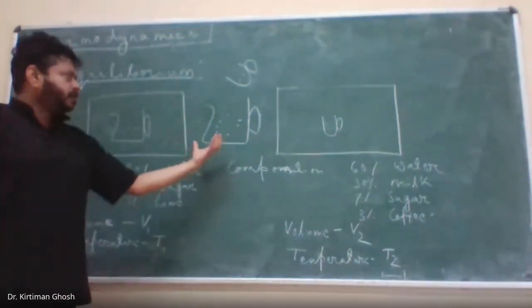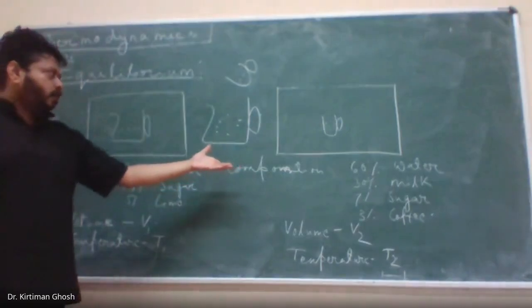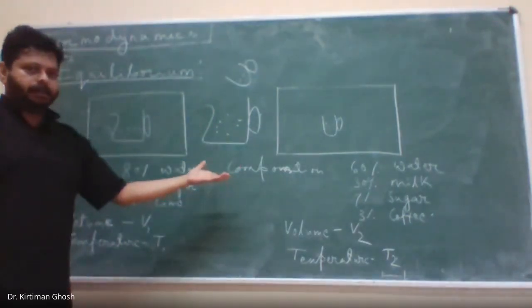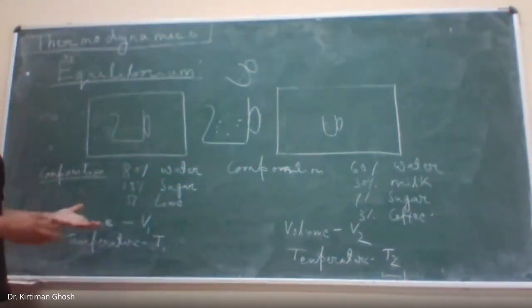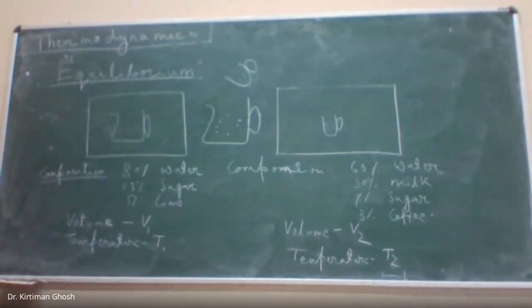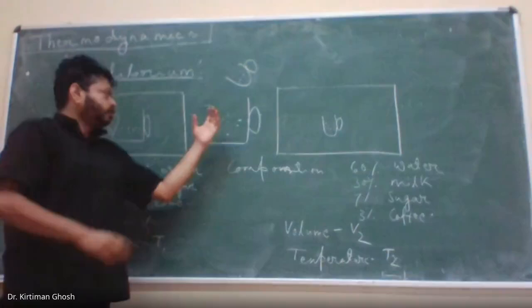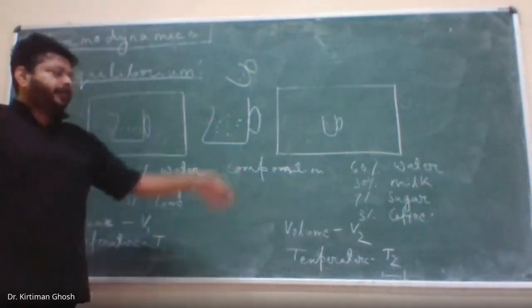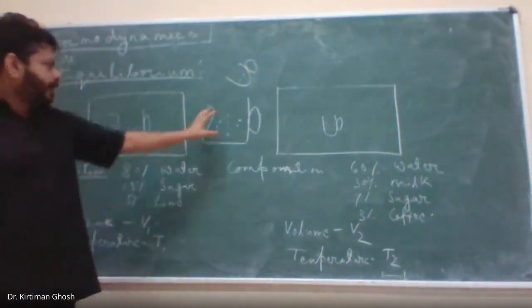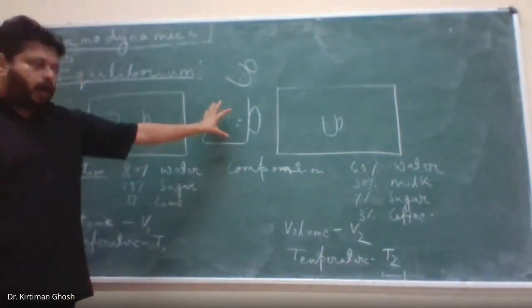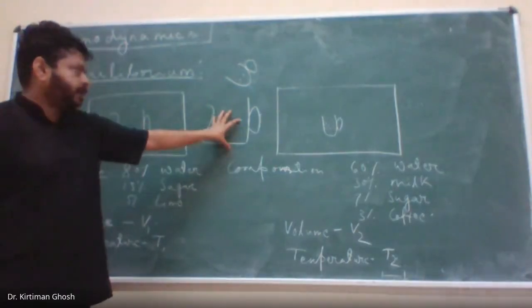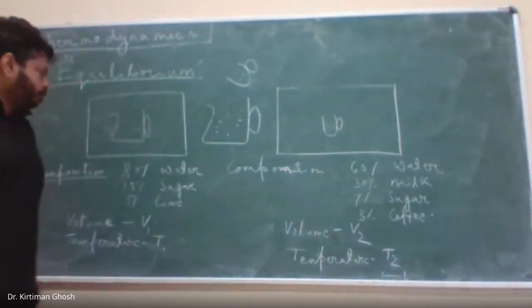Different parts of the system will have different composition, will have different temperature. If we wait for a sufficiently long amount of time, the system will come to an equilibrium. At that given instant of time, we can tell what is the composition of this mixture.